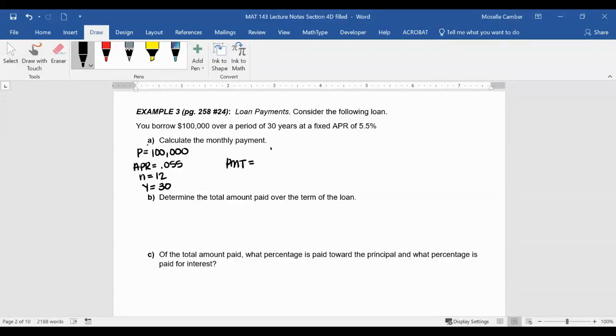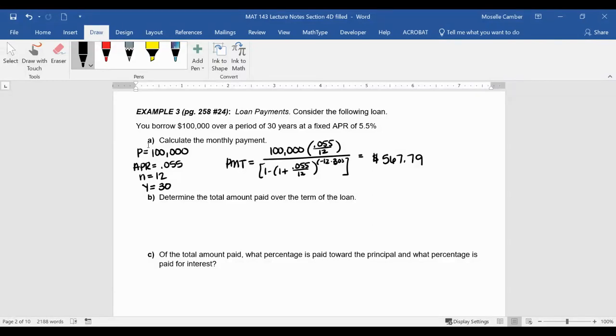So my payment is going to be my principal times APR divided by N, all over 1 minus 1 plus my APR over N to the negative N times Y. Putting all of that in your calculator would give you $567.79.